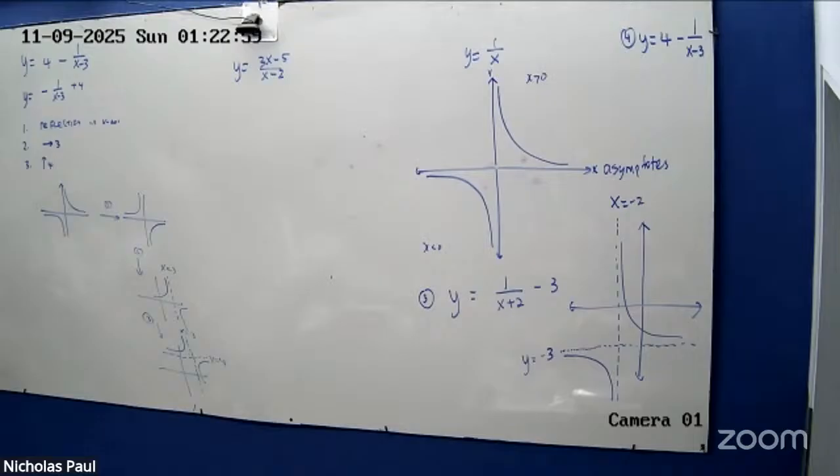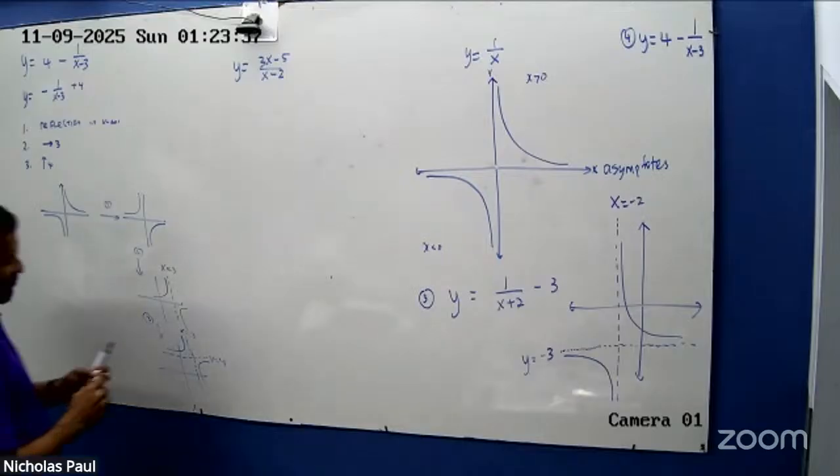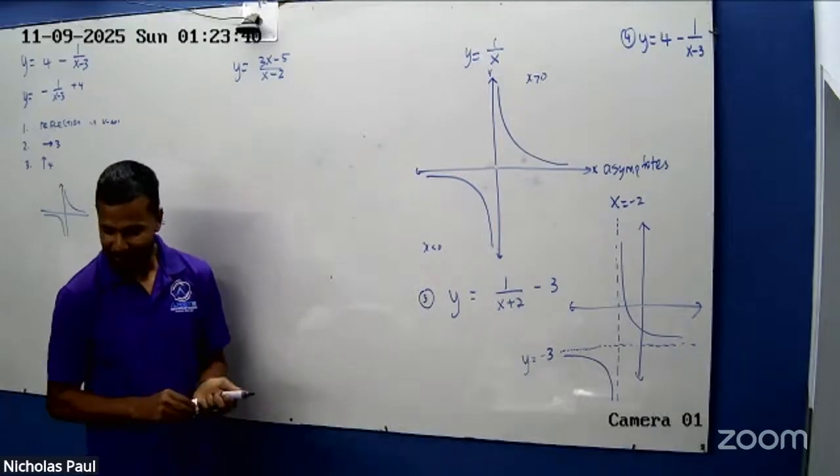When x is 0, bring on 0. All right, I'm going to show you the long divide.